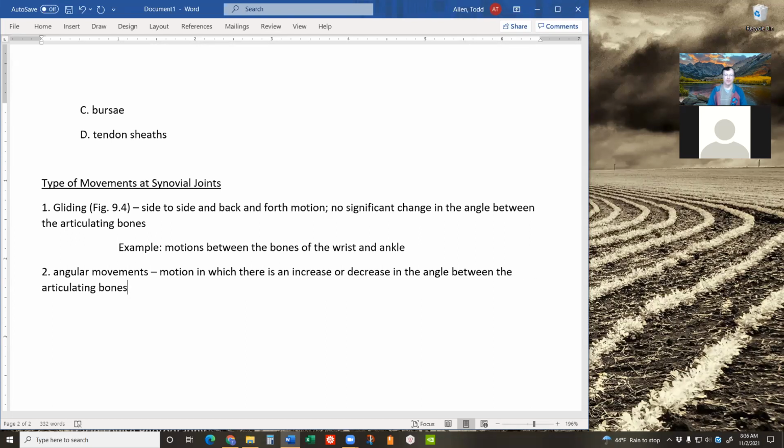When the bones of our wrist are gliding, there's basically a rubbing back and forth, but there's no significant alteration in the angle between the bones. They simply glide back and forth. That's characteristic of gliding motion. But in angular motion, you have a very noticeable change in the angle of the bones that form the joint.